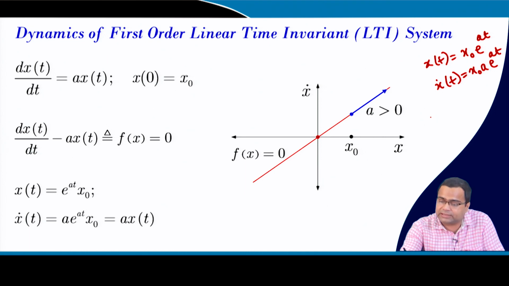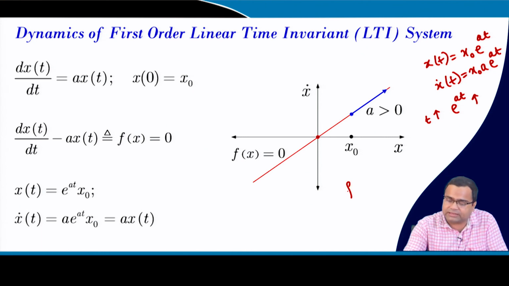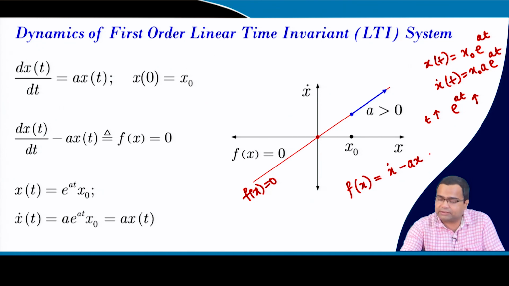Since a is positive, that means as t increases, e to the power at will increase. And what is the equation of this line? So, this is fx equal to 0, and what is fx that we have chosen? It is nothing but x dot minus ax, that is equal to 0. So, x dot equal to ax.